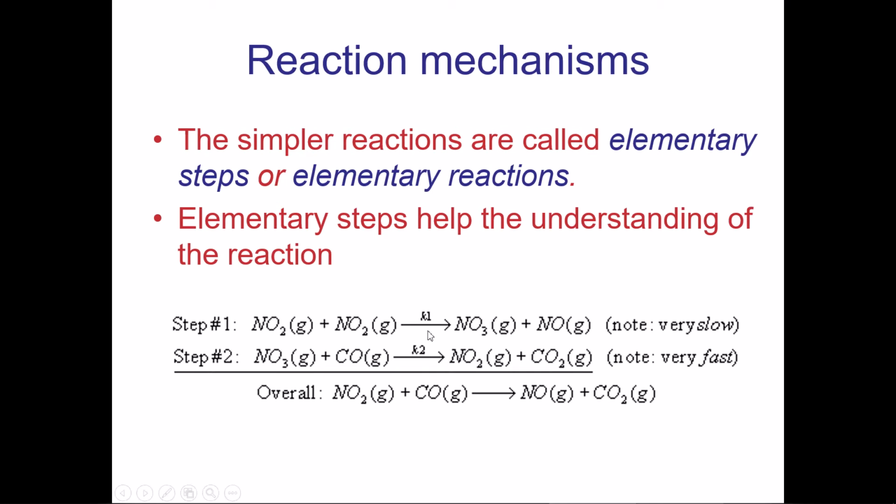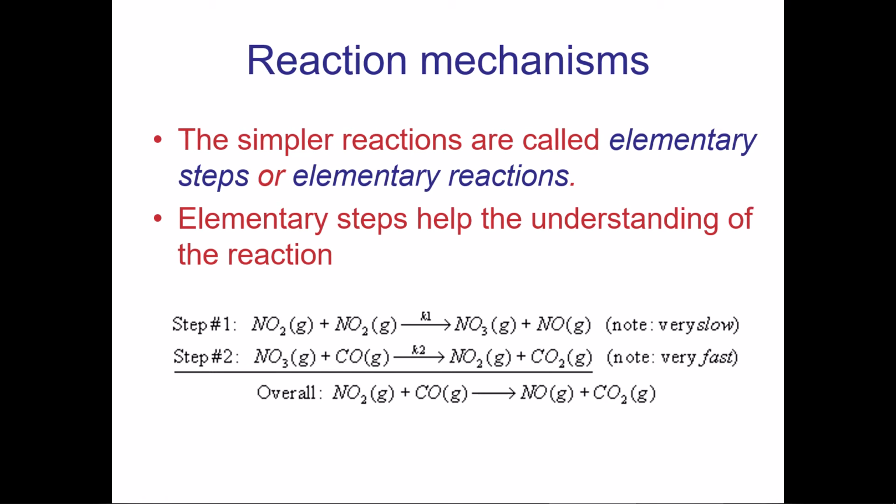Step 2 takes that NO3, so in this case NO3 would be our intermediate, and it collides with a molecule of CO to create NO2 and CO2. This step is very, very fast based on our kinetics.